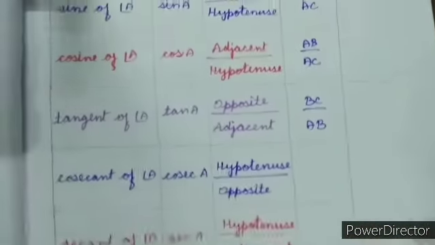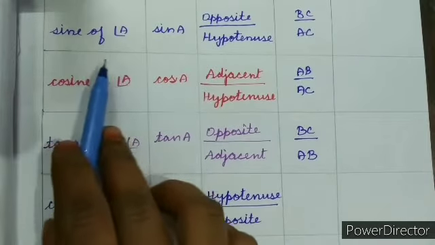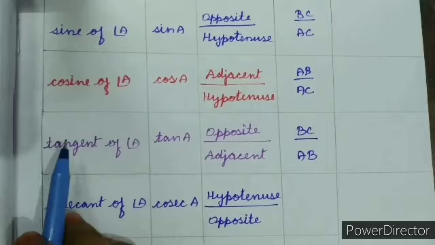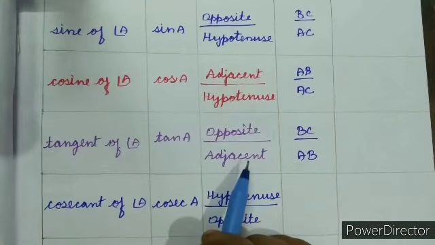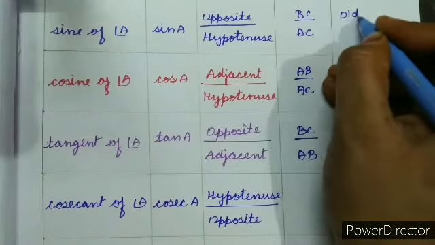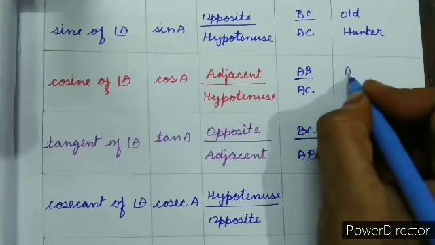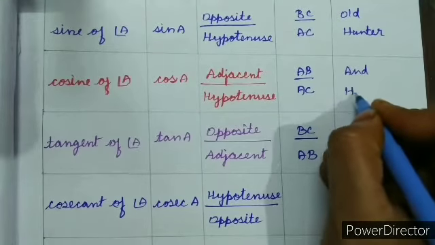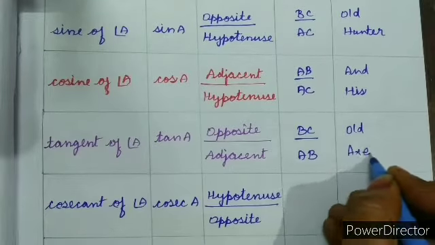See here, the three basic trigonometric ratios are sin, cos and tan. These ratios can be easily remembered by using a simple phrase: Old Hunter and his Old Axe.